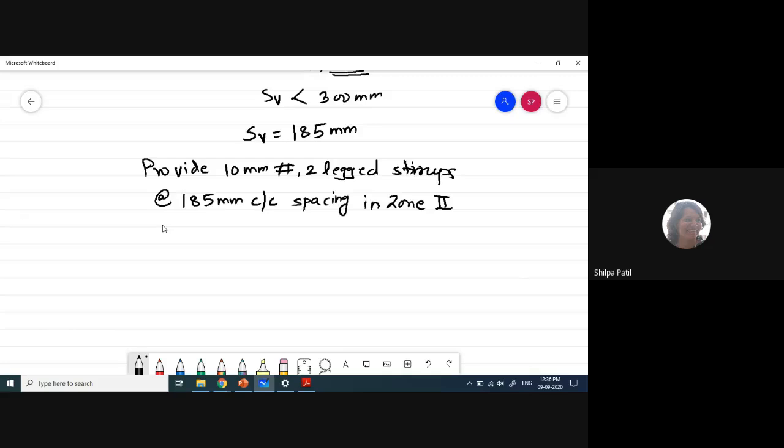Okay, so design for zone 2 is also over. Now we will move to zone 3.